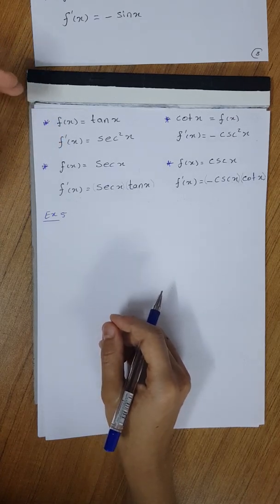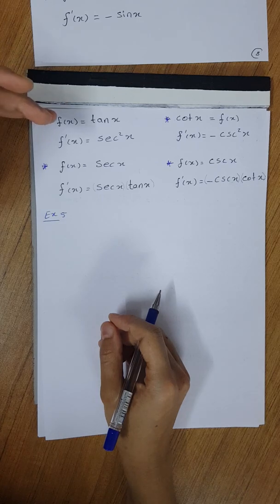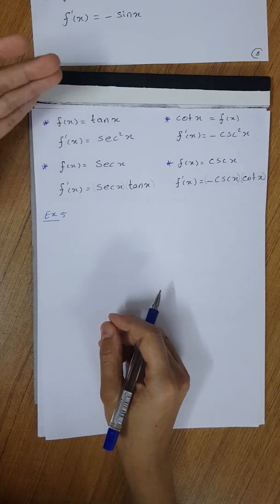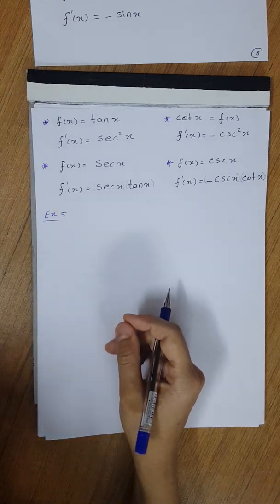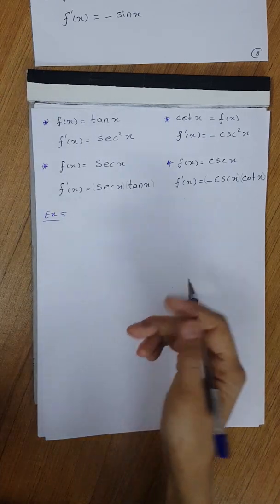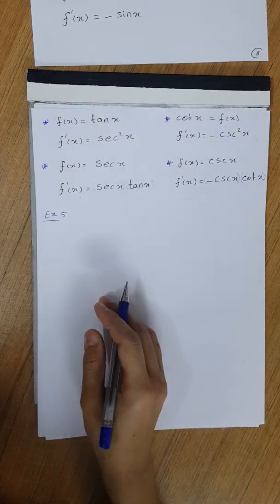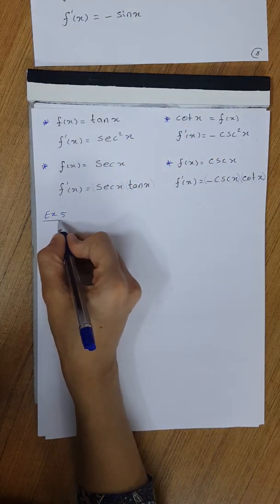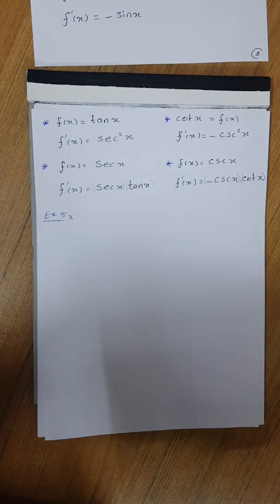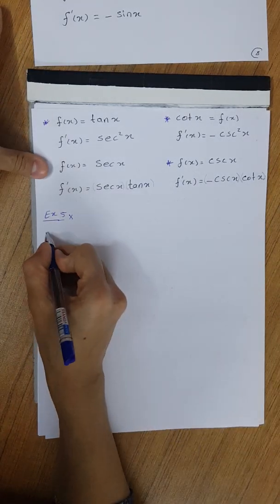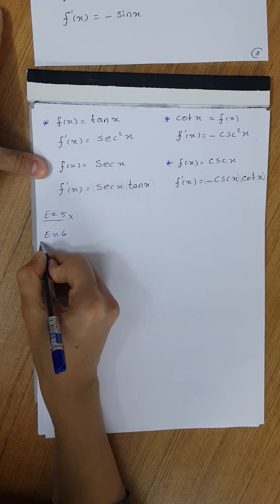I mean, to find the derivative of tan x in a derivation way, but it is not required from you to see how this derivation is found. So just leave that example, okay, skip it. We are moving to example 6.